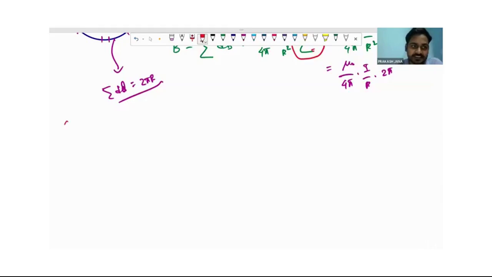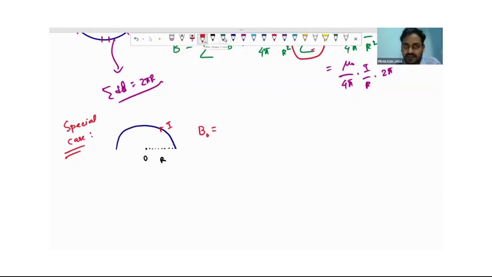These are basically special cases. Suppose I give you a semicircular current carrying conductor, whose center is this O, of radius r, and a current I is flowing through this. What is the magnetic field at the center O?